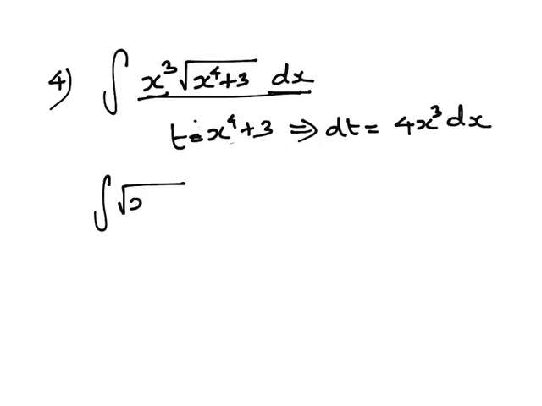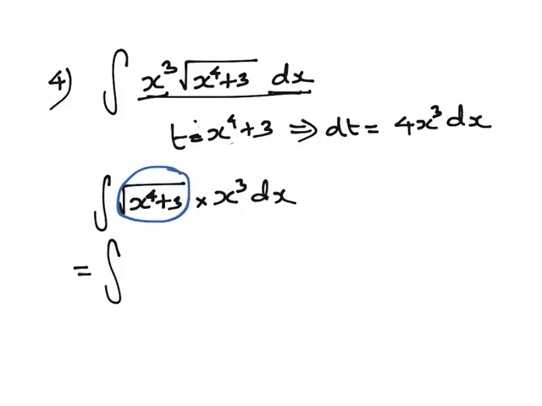So I can rewrite this given question like this: square root of x power 4 plus 3 multiplied with x cube dx. Now I can substitute x power 4 plus 3 as t, so I will get root of t multiplied by x cube dx.